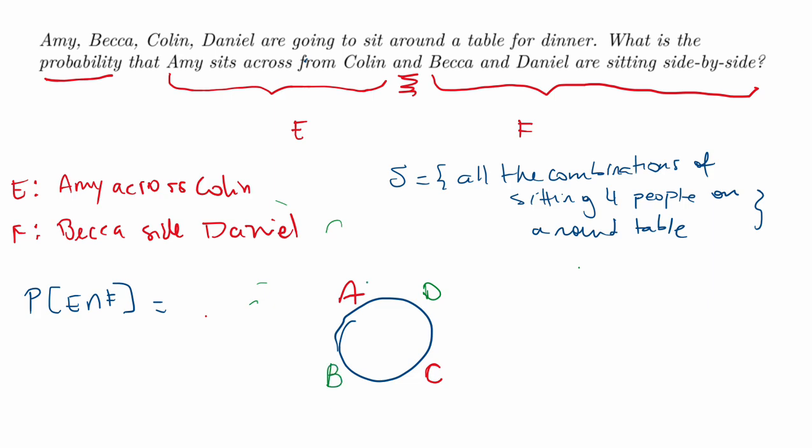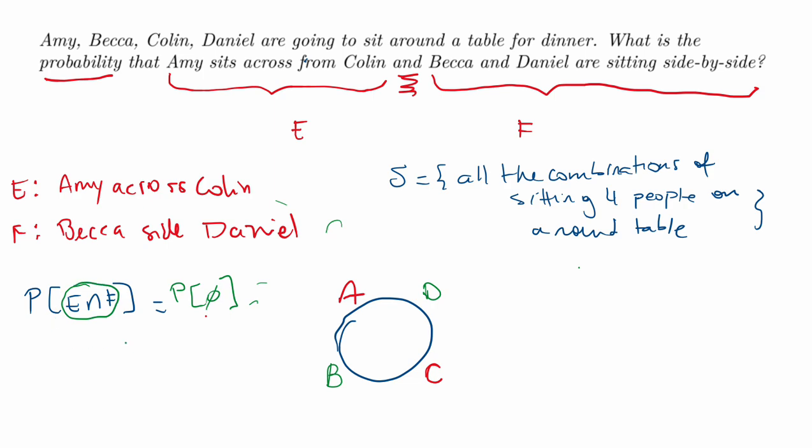Okay? So the event E, Amy sitting across from Colin, and Becca and Daniel sitting together, can never happen at the same time. It's impossible. So the probability of these two things happening is the probability of the null space, or the empty set, because this intersection is the empty set.